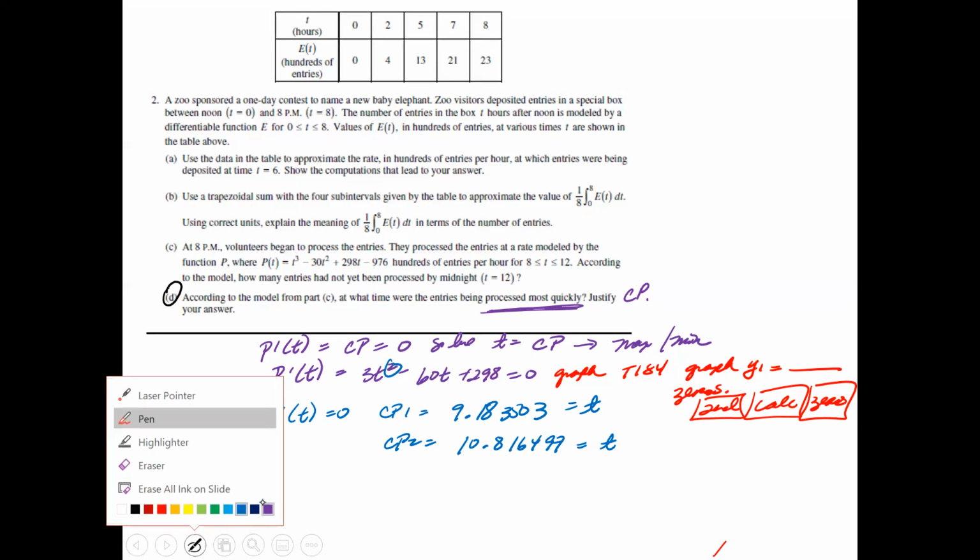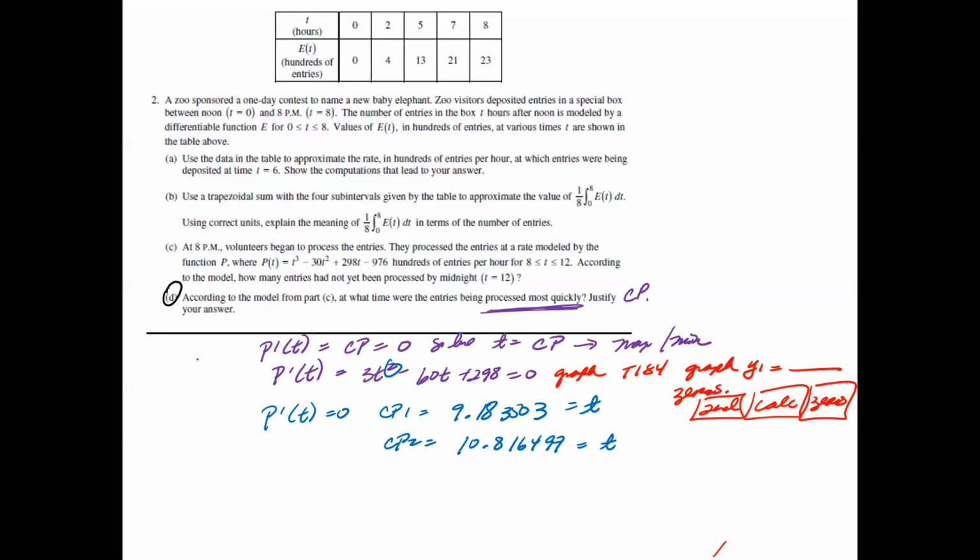From there, we're going to do a table to test which one has the highest number for the y values. So we're going to have t, which is going to equal our critical points, 9.18 and 10.82.